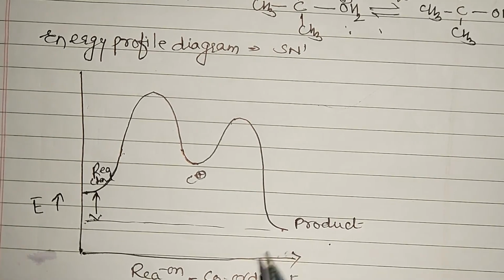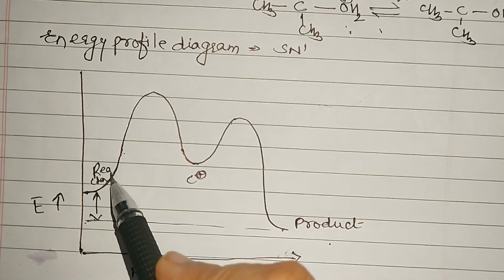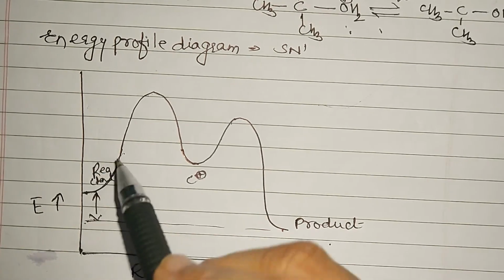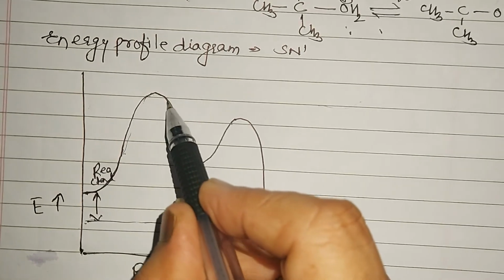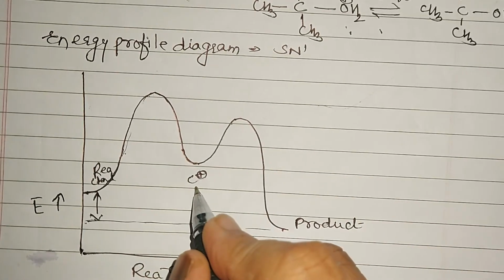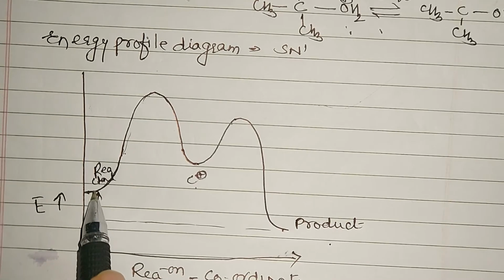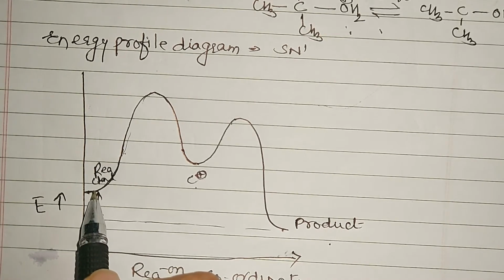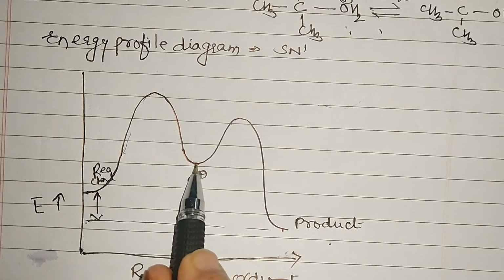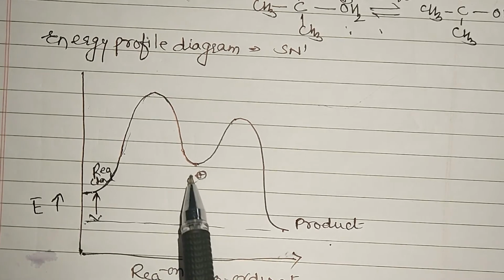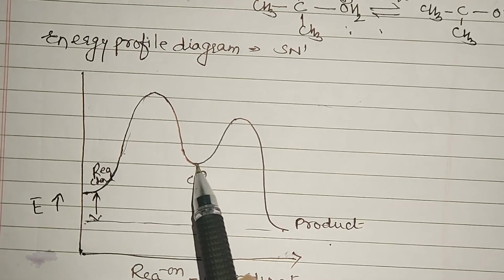Here we see that as the bond starts to break between carbon and chlorine, the energy is increased, and after that the energy will decrease and we get C positive. Why does this energy decrease? Because this sp3 hybridized carbon is converted into sp2 hybridized carbon. That is, this carbon is less crowded, therefore energy is decreased.